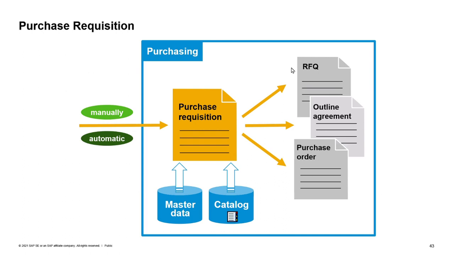Is that clear, Uma? For me, it was hard to understand at the beginning. For stock material, where does the system trigger that an account assignment is required, or that it is charged against a cost center or an asset? That is a very good question.